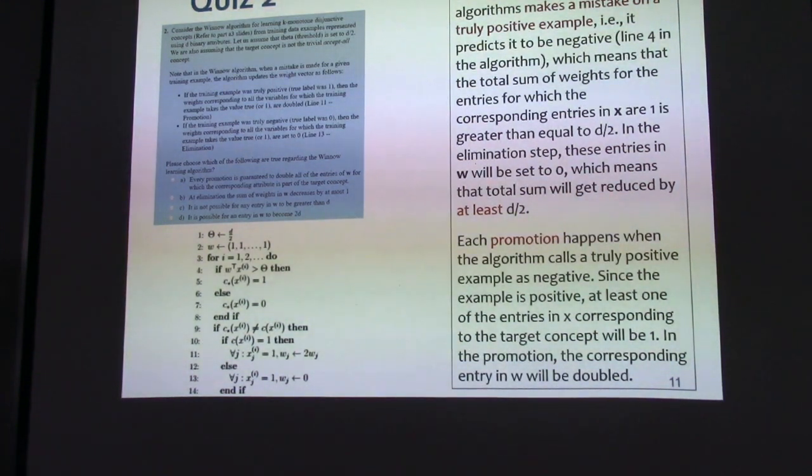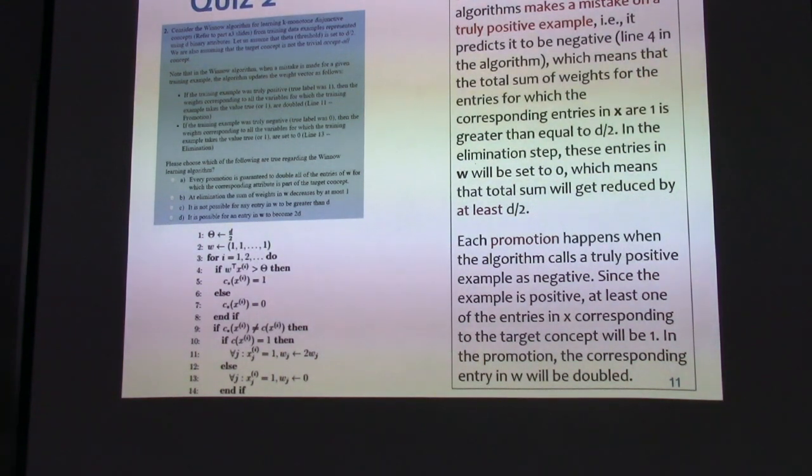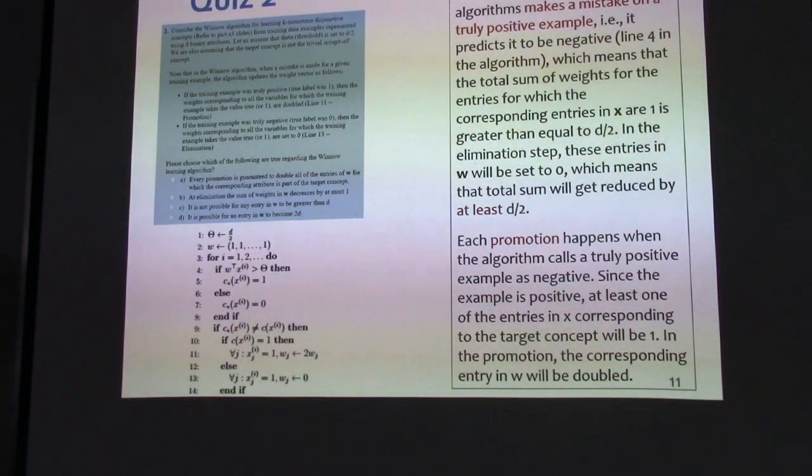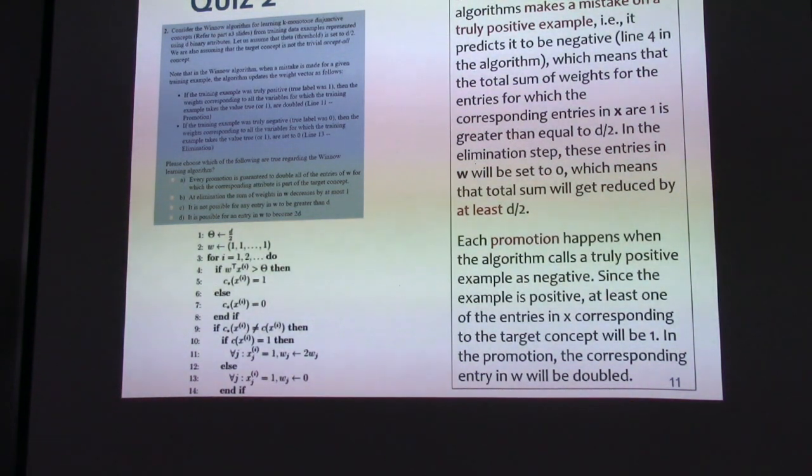I think you need to review the Winnow algorithm. This is the basic idea of the Winnow algorithm. Some questions will ask about the conclusions of the Winnow algorithm, so I think you need to review it after the recitation.